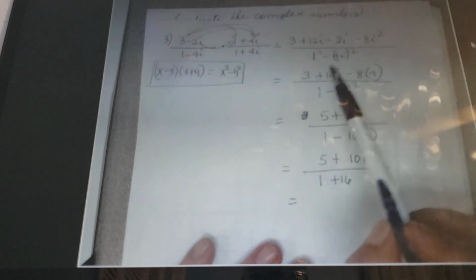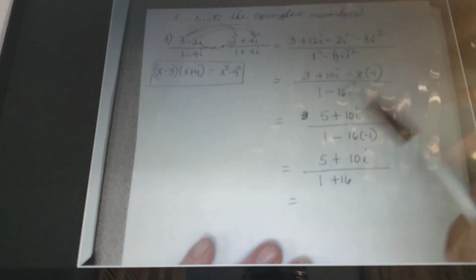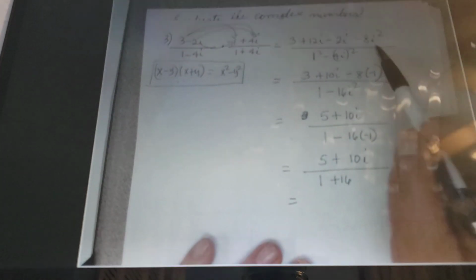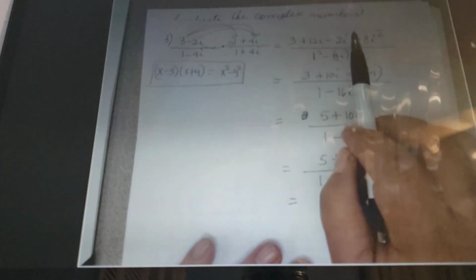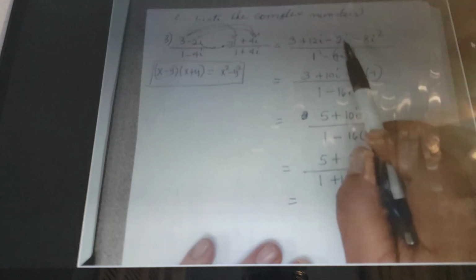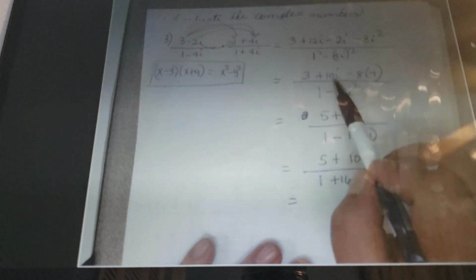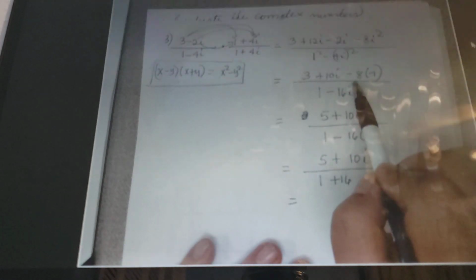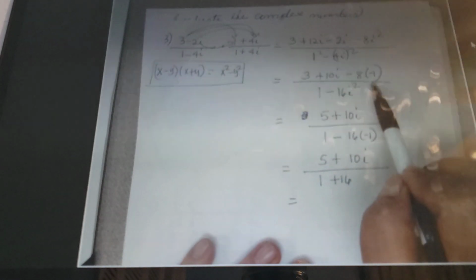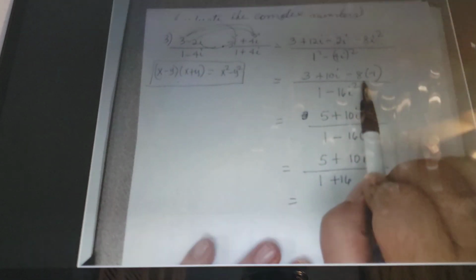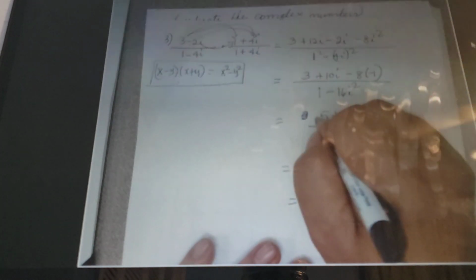There's something wrong. 12i minus 2i, 10i, positive 8.